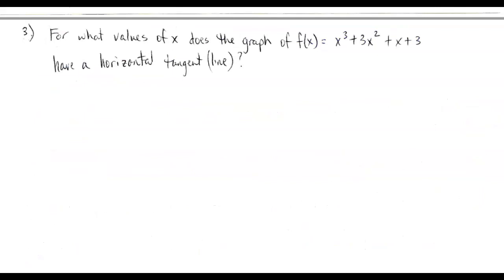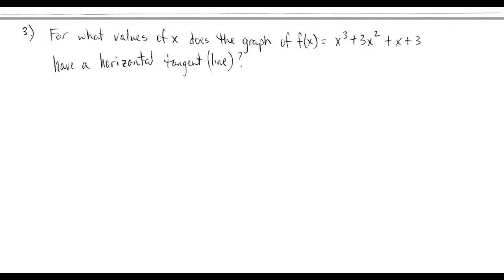So this next example that we have here is one, if you are a first year calculus student, you will see a lot because it's tied to the maximization or minimization of functions, okay? And so we don't talk about that at this point, but just letting you know that anytime you're asking anything about horizontal tangent lines of a function, what you're really trying to figure out is where does your function have peaks and dips?